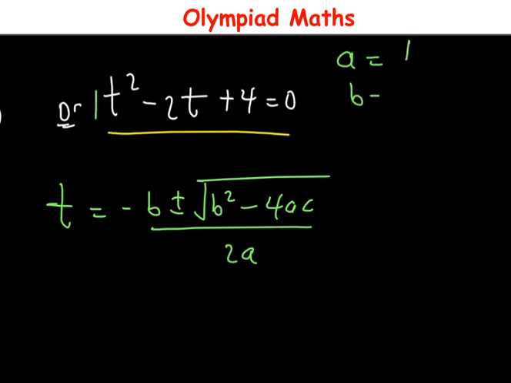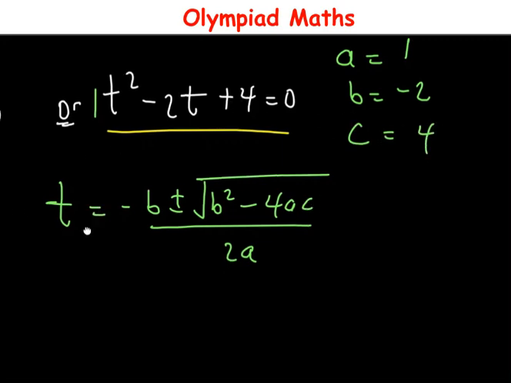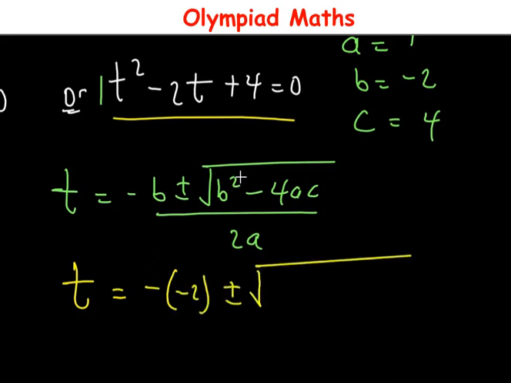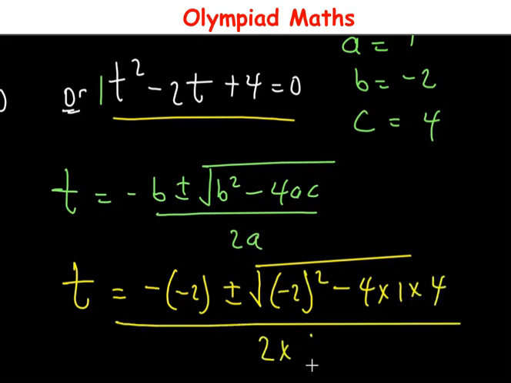The value of b is the coefficient of t, which is minus 2, while the value of c is the constant, which is plus 4. So therefore, from here, the value of t is equal to minus, b is minus 2, plus or minus square root of b squared, b is minus 2, so minus 2 all squared, minus 4 times a is 1 times c is 4, all over 2 times a is 1.